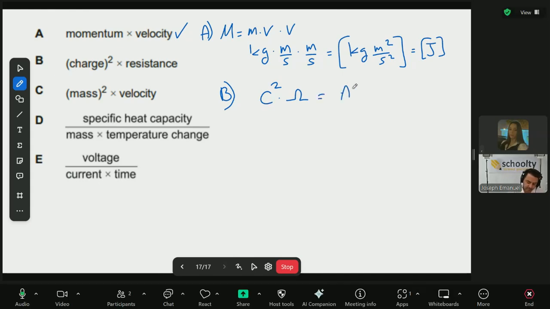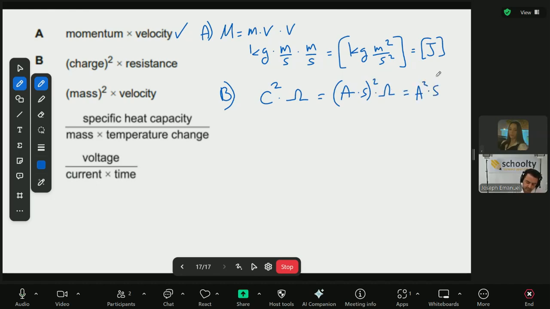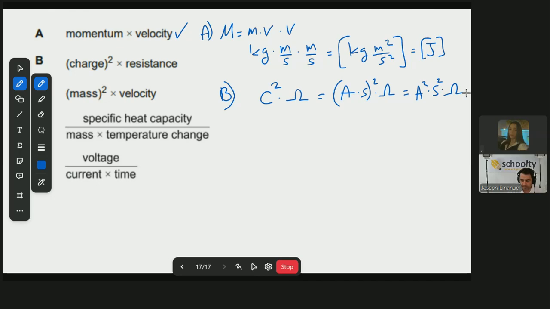Charge is ampere multiplied by seconds, like how much amperes multiplied by how much seconds. This is square, and this is ohm. So you have A square second square ohm. We don't have something like this.